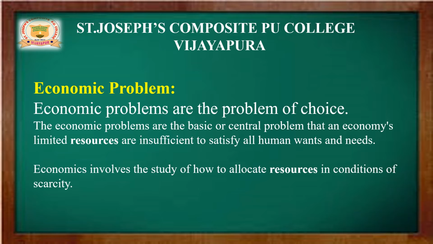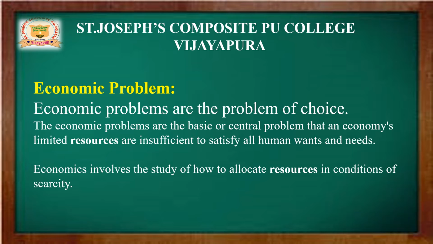For example, if there is a shortage of electricity or power supply, then what is the next alternative way to generate electricity? That is solar energy. Instead of electricity, we can move to solar energy. That is an alternative way.